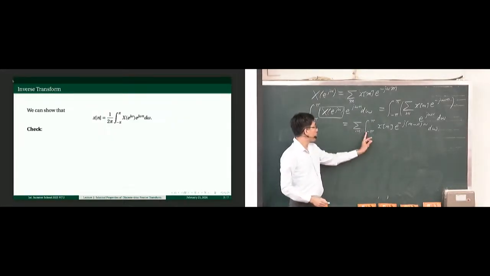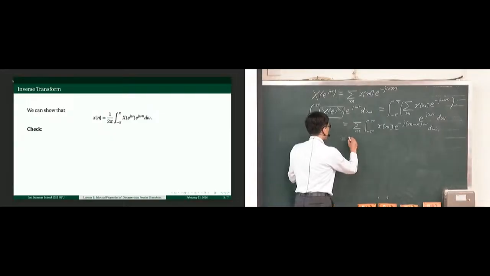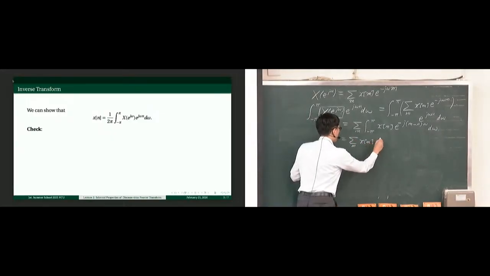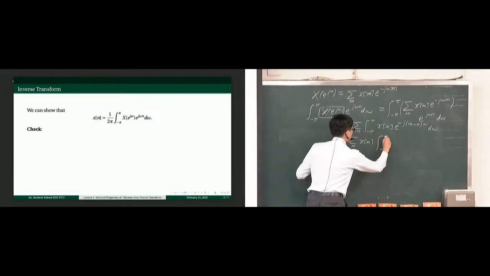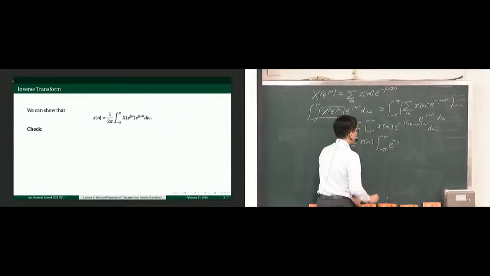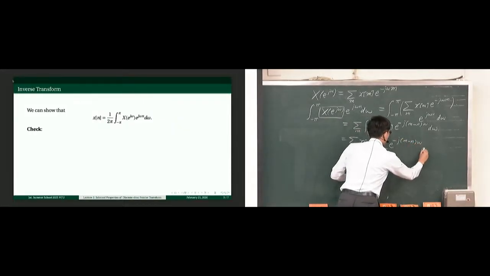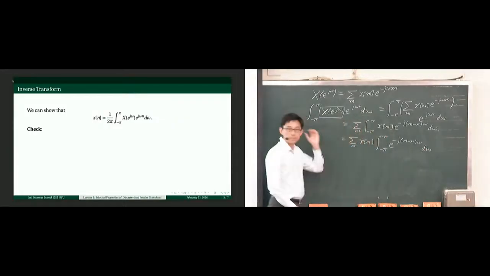We have e to the minus j omega (m minus n), d omega. And this term x of m does not depend on omega, so it can go outside the integral. Now inside the integral, everything is simplified: e to the minus j (m minus n) omega d omega.